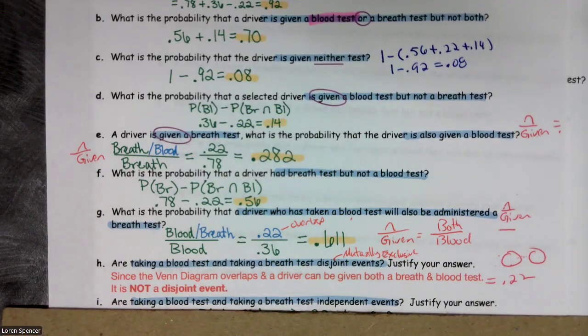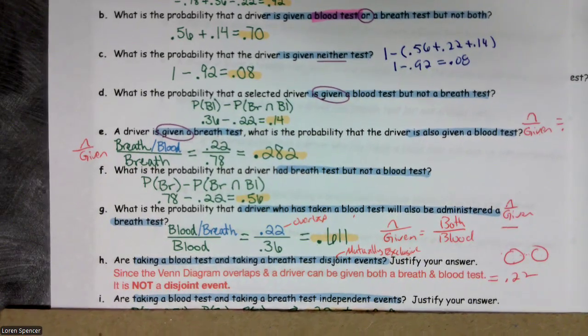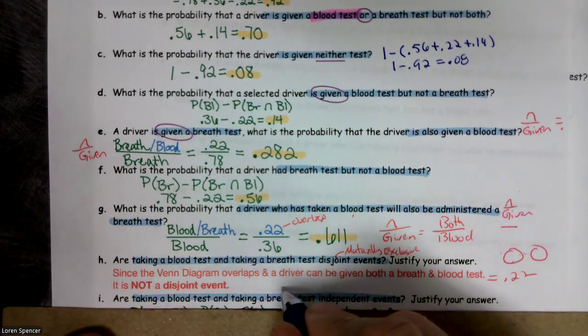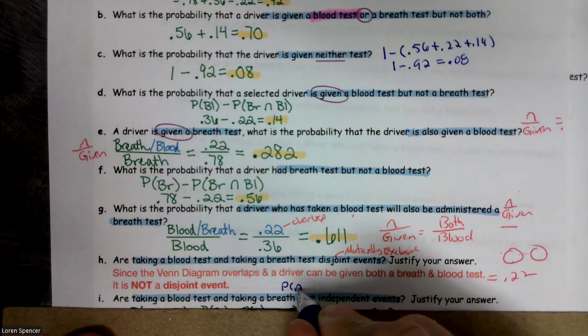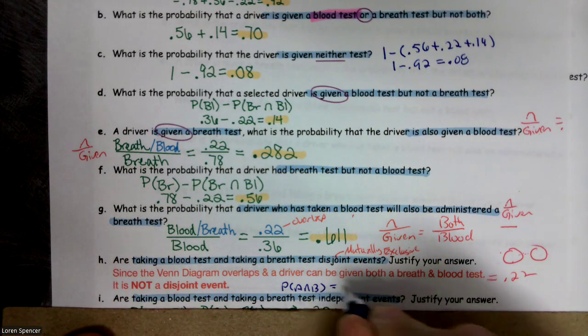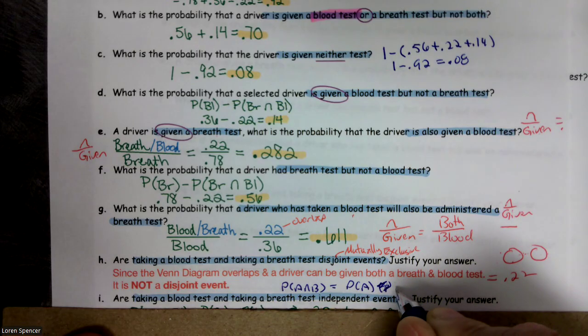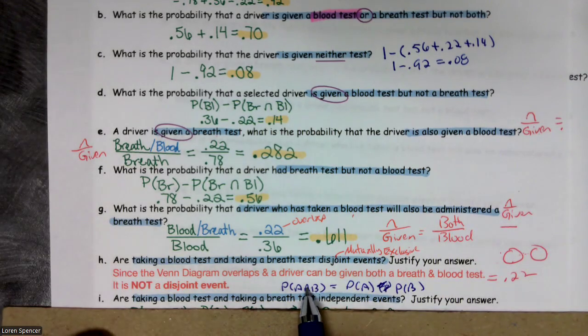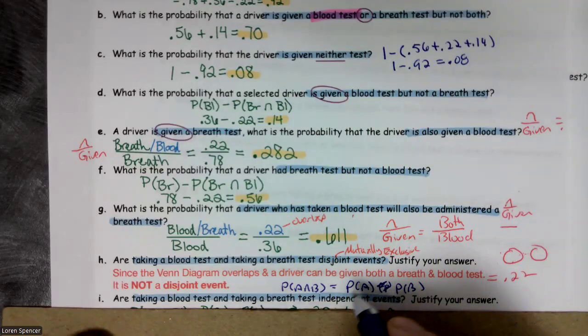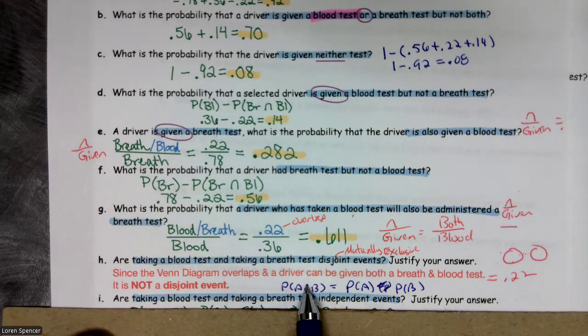Are taking a blood test and a breath test independent events? Okay, to be independent events, we have to use this formula. The probability of A and B equals the probability of A times the probability of B. A and B, that's the intersection, equals the probability of A times the probability of B. So this is the both.